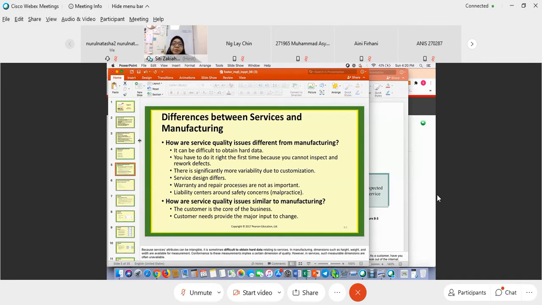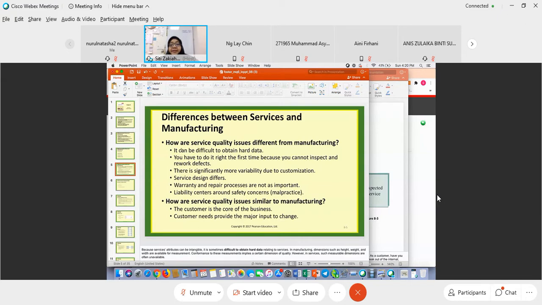Okay, since the dimensions are different between service and manufacturing, even their issues will be different. Since it can be difficult to obtain hard data, you have to do it right the first time, right? Especially for dentists, that kind of service, haircut, right? So all the designs will be different.